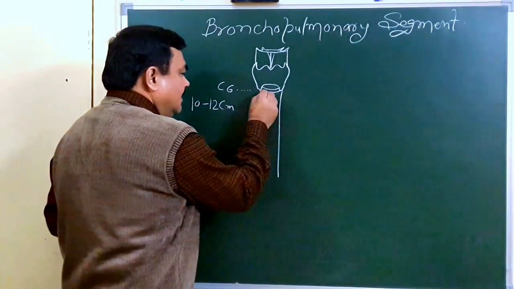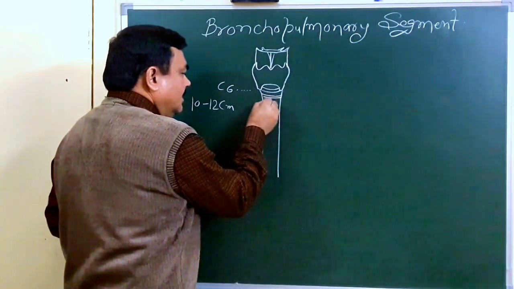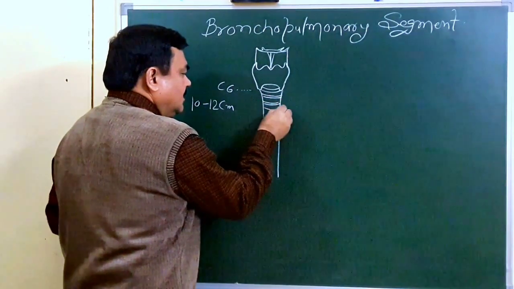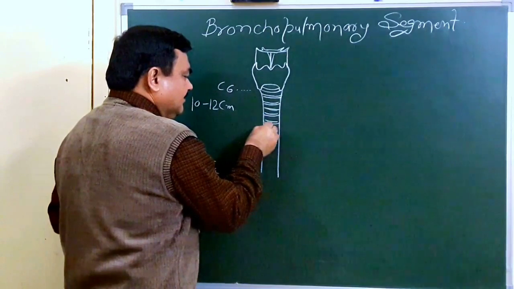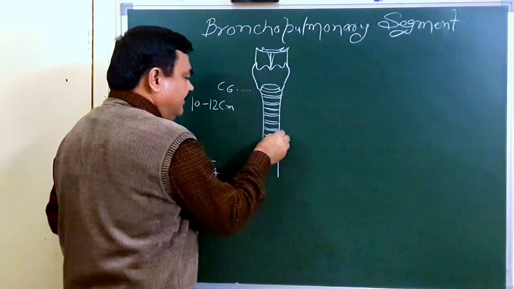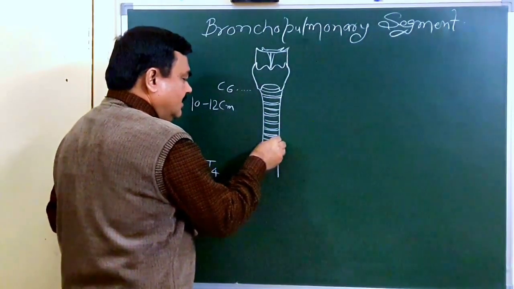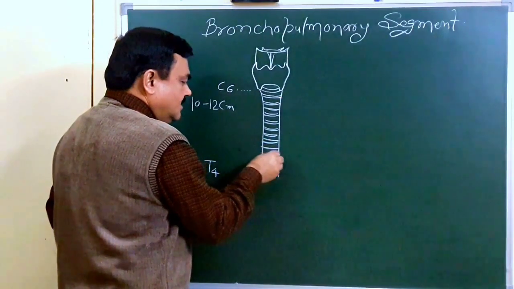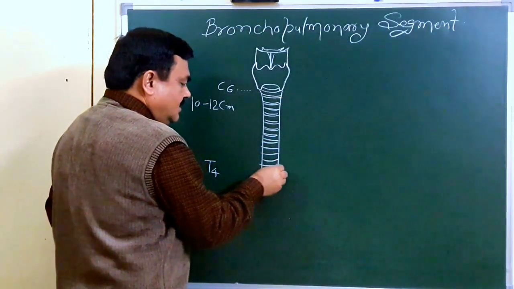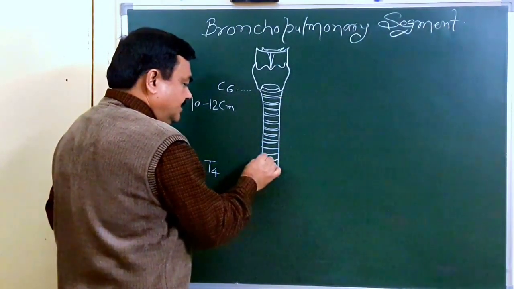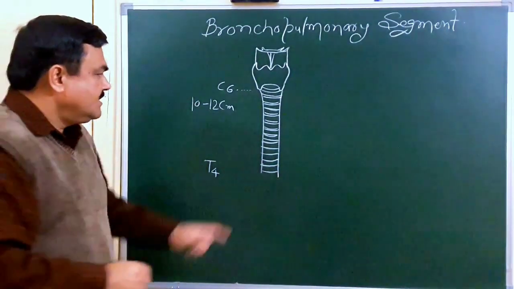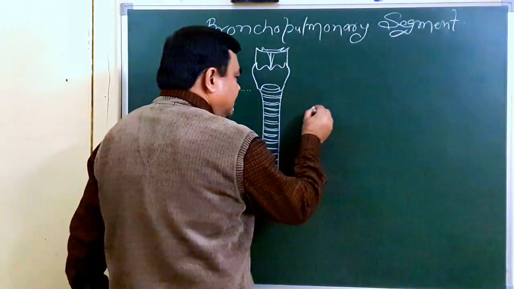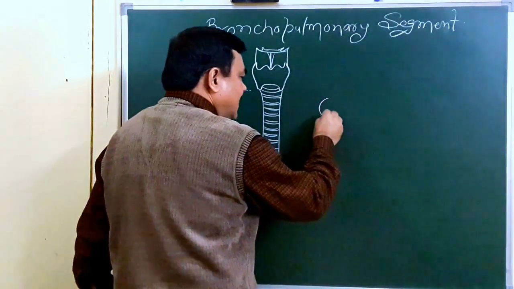It has about 16 to 20 C-shaped cartilaginous rings. The shape is like this.